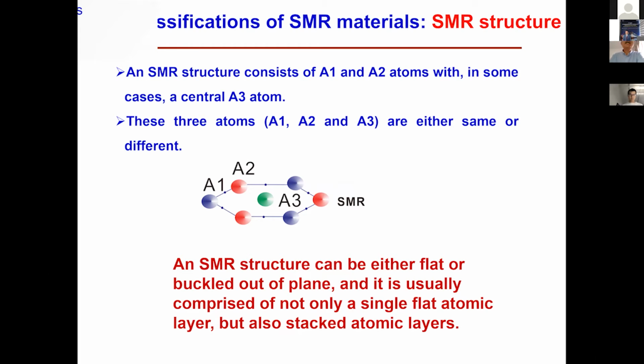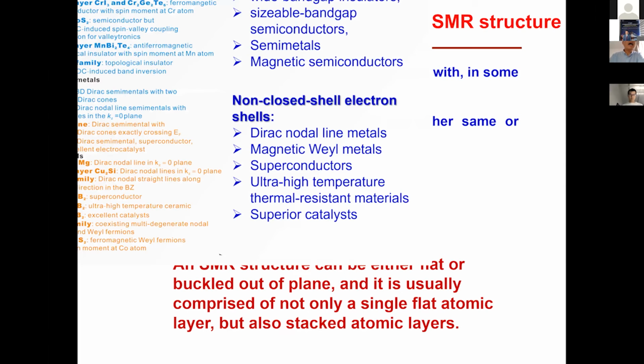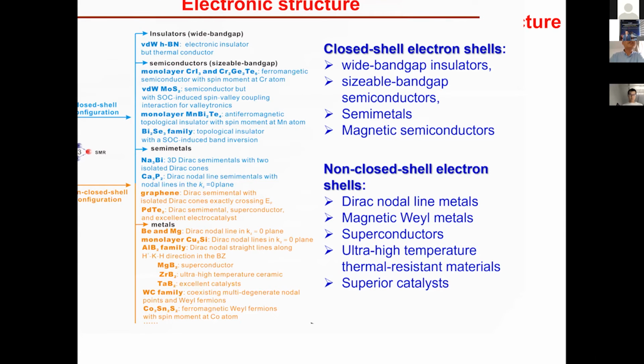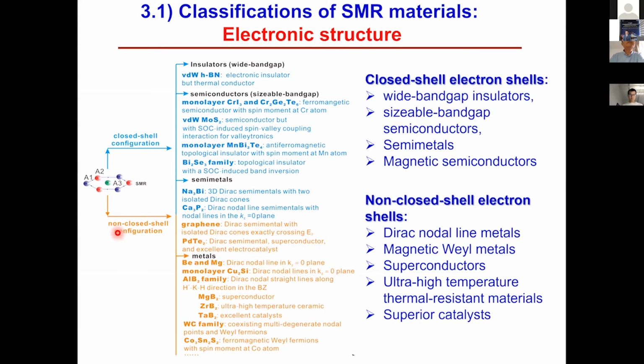From the electronic structure, we can divide it into two groups. One is closed shell configuration, the other is no closed shell configuration. For those two types, we can have insulator or semiconductor or semi-metal. And those materials show very different properties.